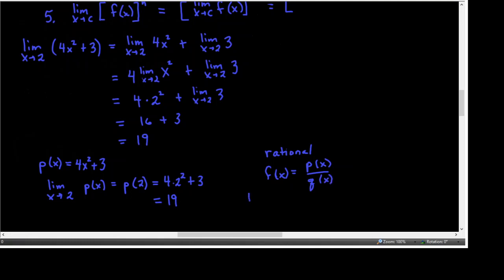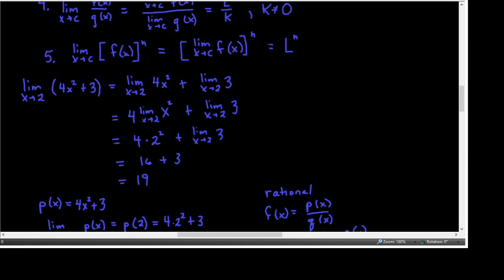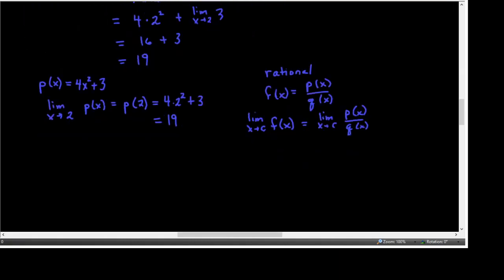Well, if I'm asked to find the limit as x approaches c for f of x, by substitution, that's the limit as x approaches c of p of x over q of x. Then using property number 4, notice I had to look because I don't have it memorized by number either. Property 4, that will be the limit.